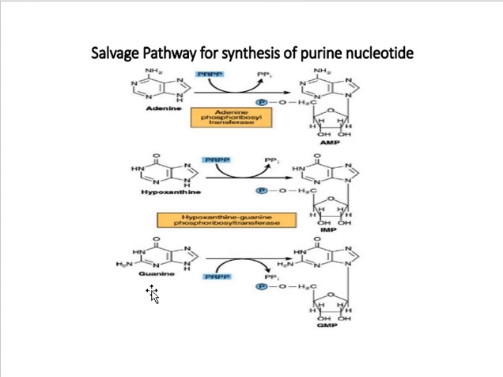Similarly, the another purine base, guanine, also reacts with PRPP and is converted to GMP, guanosine monophosphate. Both these reactions are catalyzed by the enzyme hypoxanthine guanine phosphoribosyl transferase. So this is the pathway for the phosphoribosylation of the purine bases.